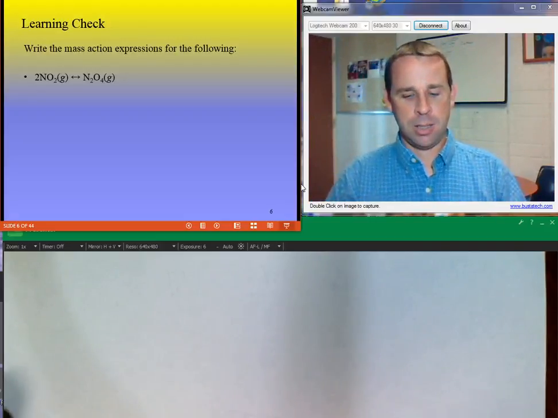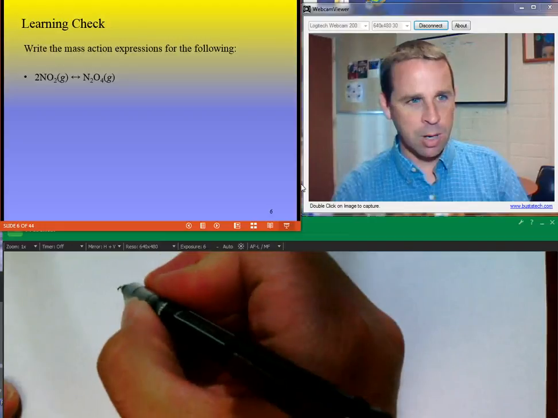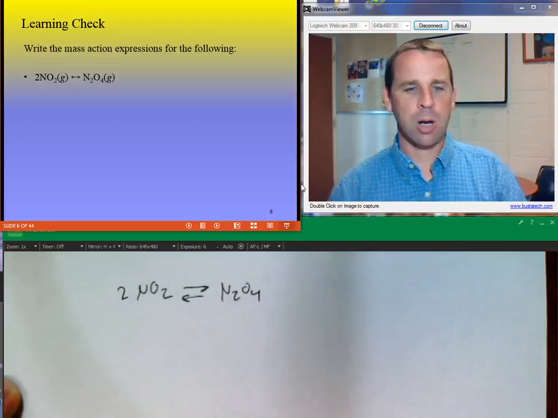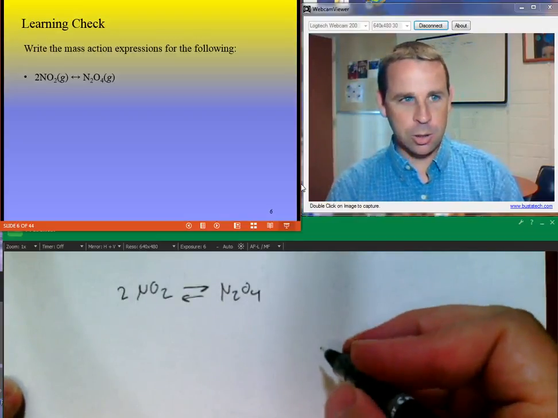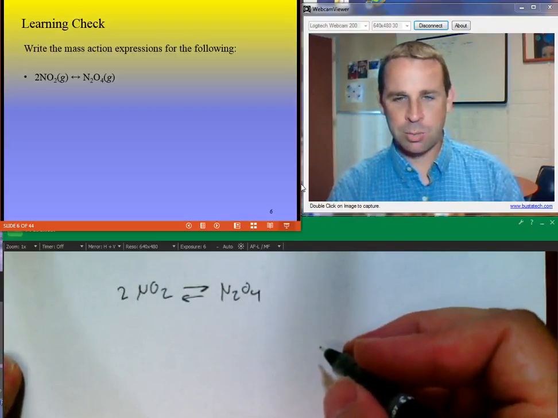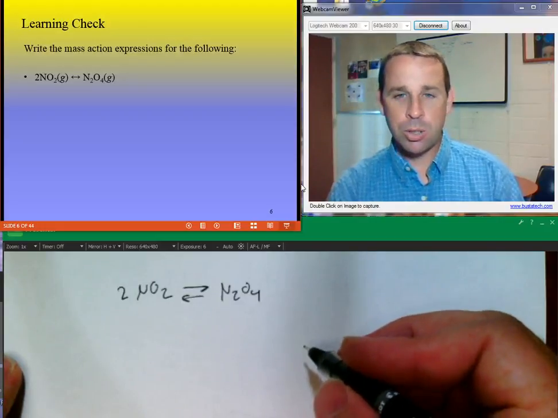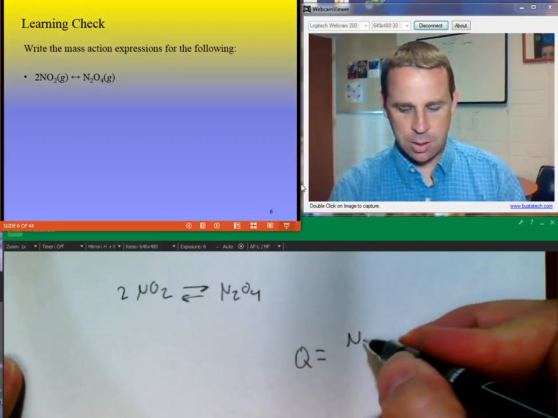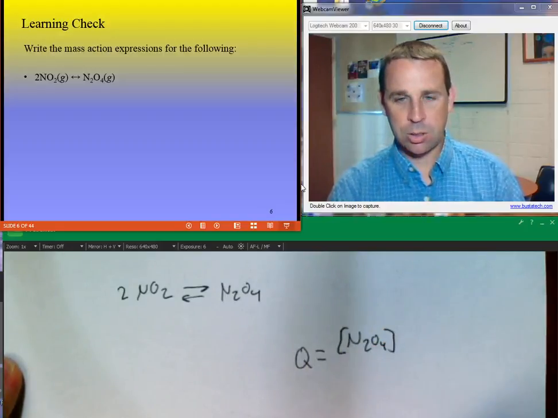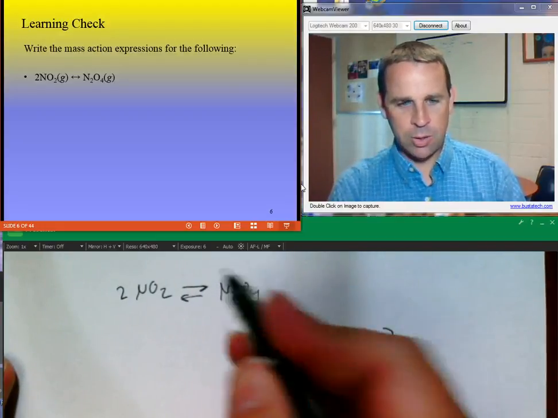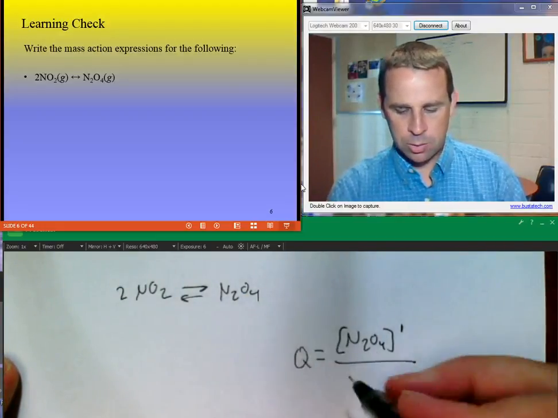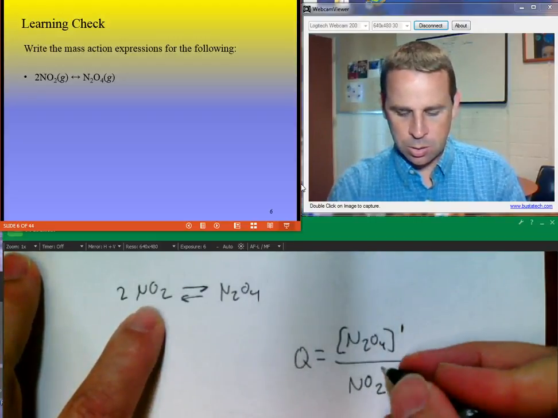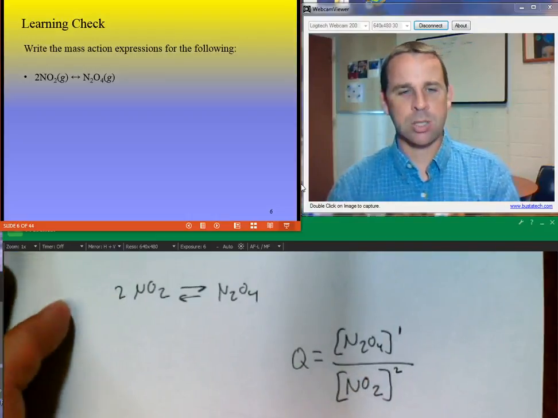Hopefully you pushed pause. All right, so we have our chemical reaction, right? 2NO2 going to N2O4. The quotient, the mass action expression, another name for the quotient, is the products, N2O4, their concentration raised to the coefficient, which is 1 here, over the reactants, NO2, the concentration of the reactants raised to its coefficient.